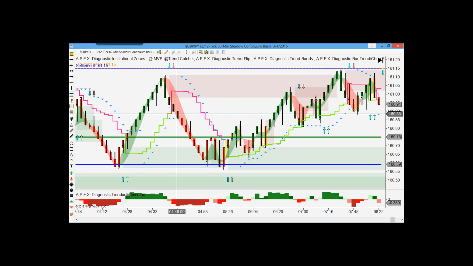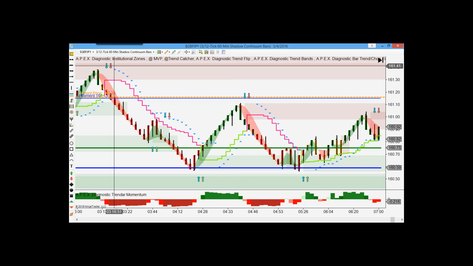But then boom, I went short and I got 15, 20, 30 bucks out of it. And here we went short at 161.14 and I stayed in it till down here, so that was 34 bucks. And right here I went short at 160.91, but then the market came up against me, got out at 74, so I only made 14 on that one. Okay, does that make sense?